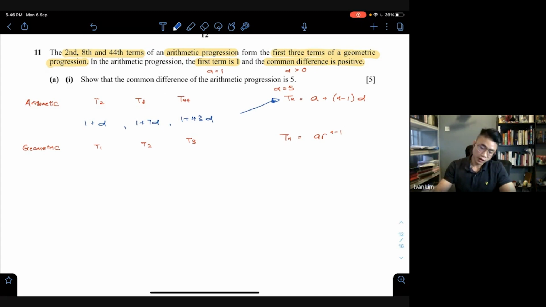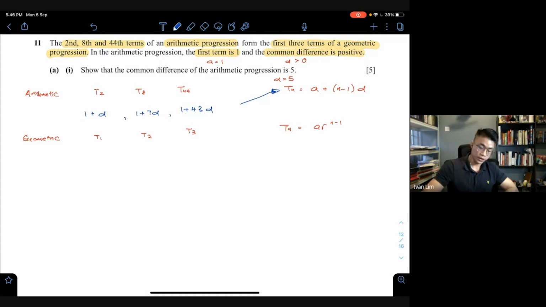So we can construct an equation that r is equal to (1 plus 7d) over (1 plus d), which is also equal to (1 plus 43d) over (1 plus 7d), because both of these will give you the r value.